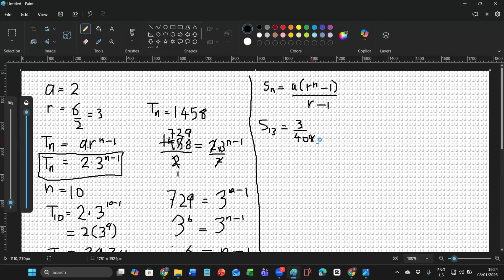And then in the bracket there is going to be 4 raised to the power of 13 minus 1. And then all this will be divided by 4 minus 1, which is 3.